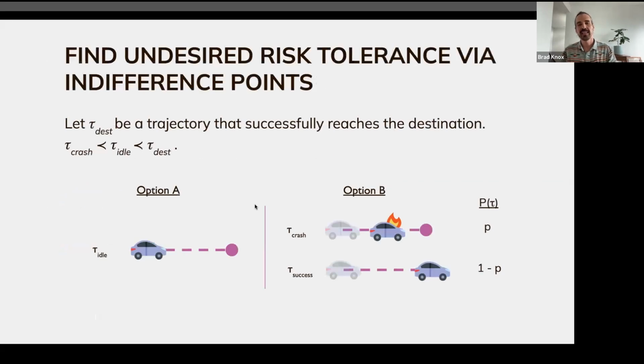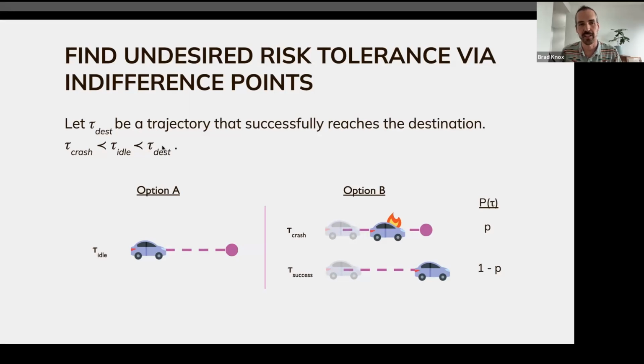Okay, so the second method for finding misalignment is to find undesired risk tolerance via indifference points. This is a little more complicated, but it's a little bit more powerful. So now we're going to bring back tau success. We've got 3 trajectories, and the ordering is that tau crash is worse than tau idle, and that's worse than tau dest, sorry, this is a typo.